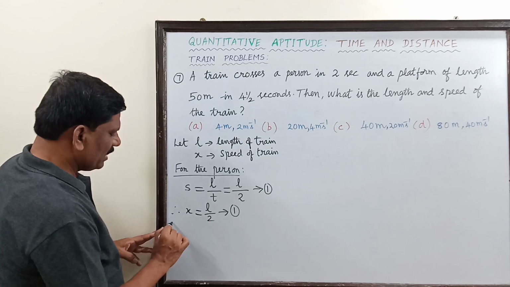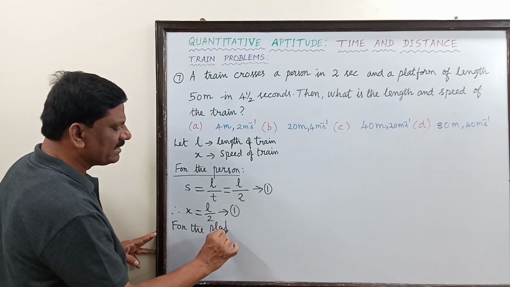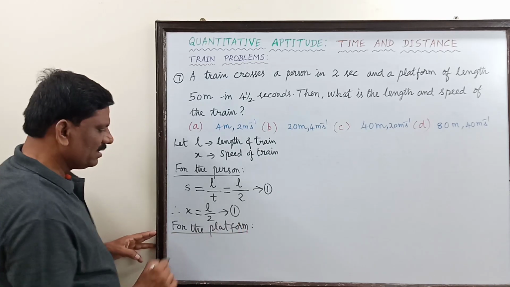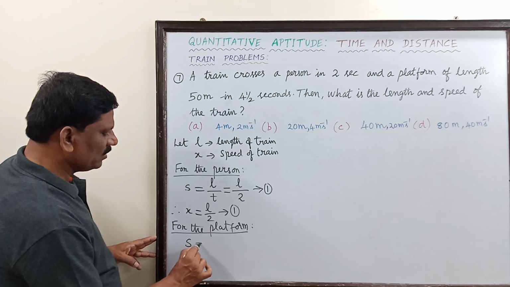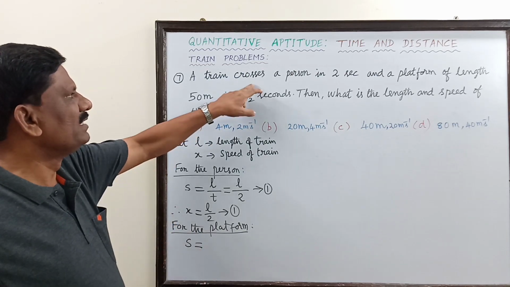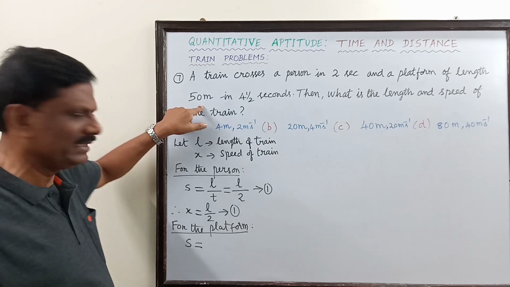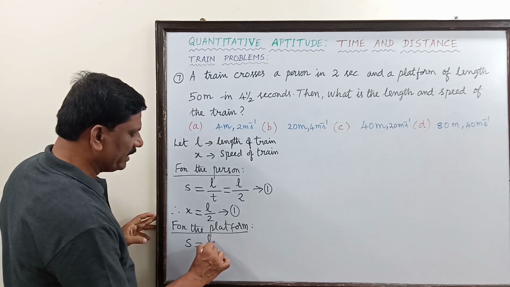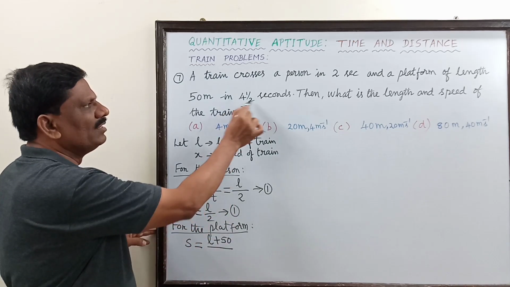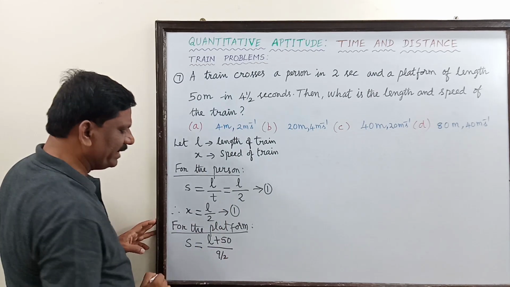Now the platform also is stationary, at rest. Therefore speed is equal to distance travelled divided by time. And this time the distance travelled is the length of the train plus the length of the platform, so the numerator is L plus 50, divided by the time 9 by 2, since 4.5 can be written as 9 by 2.